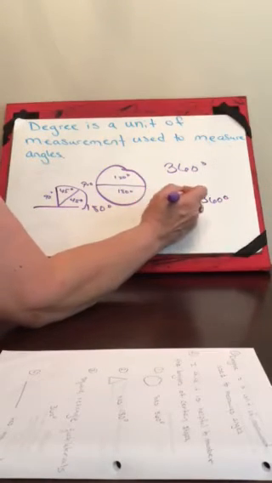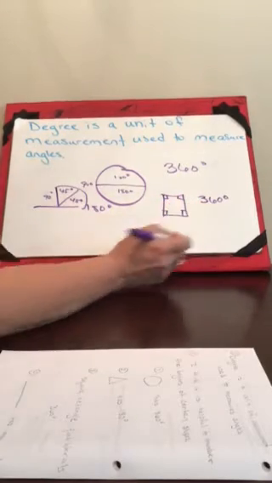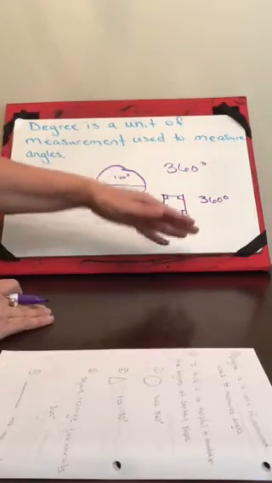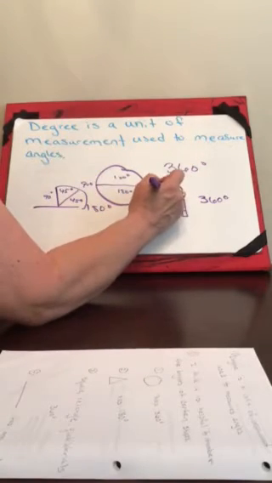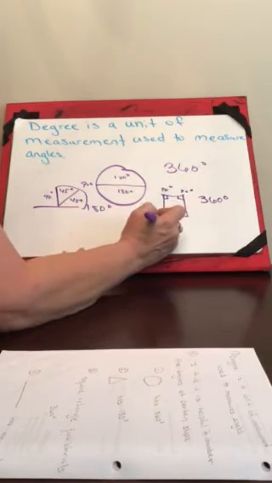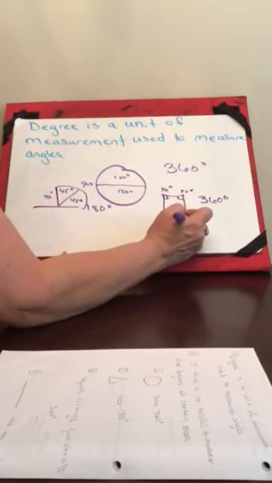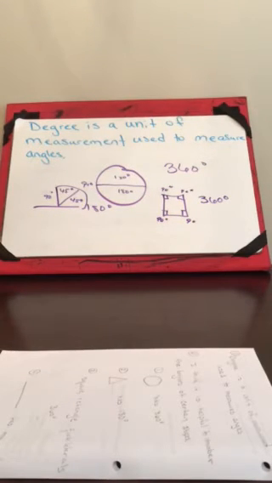So if these were all right angles, we're going to imagine they are, then 90 plus 90 is 180, 180 plus 180 would be 360, or 90 degrees times 4 would be 360 degrees. So that's a little bit about how I use degrees to help me measure my angles.